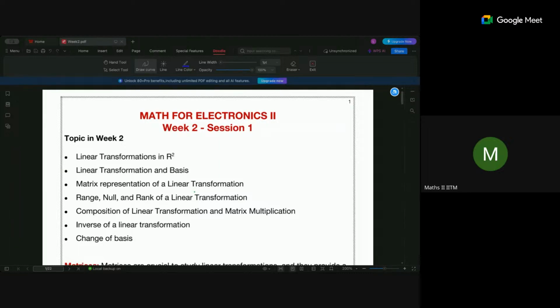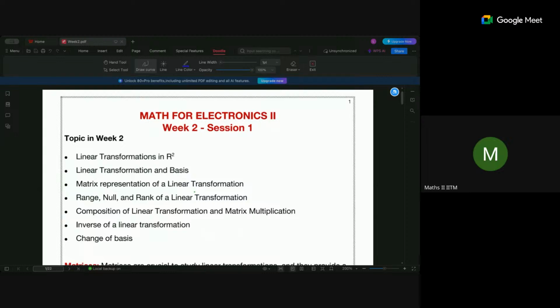The number of elements in basis is called dimension, right? Dimension, and then the very important topic, vector space, subspace. Yes, good. So these are some topics which we have covered from week 1, right?